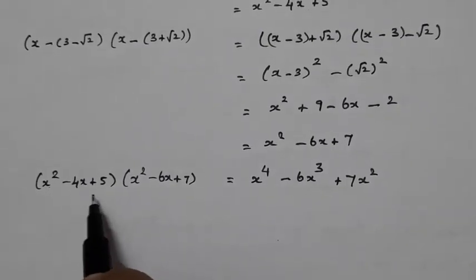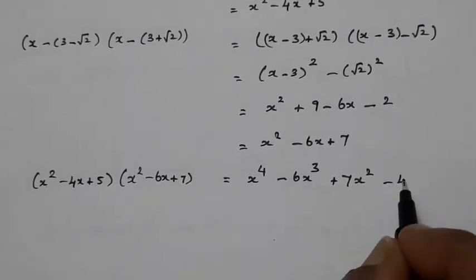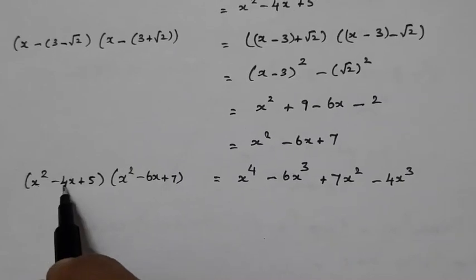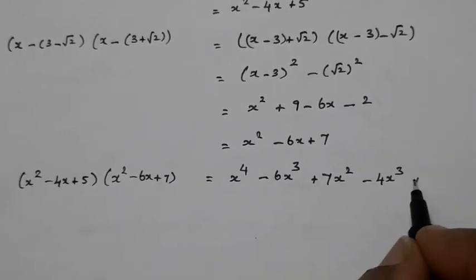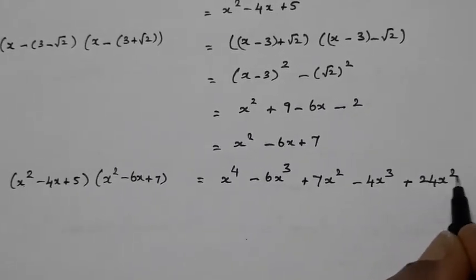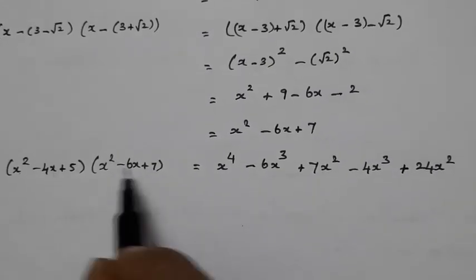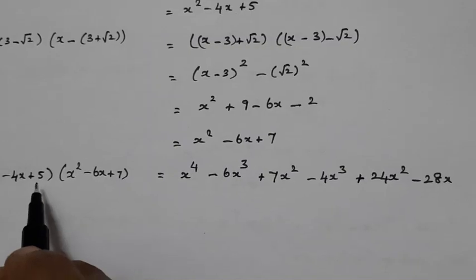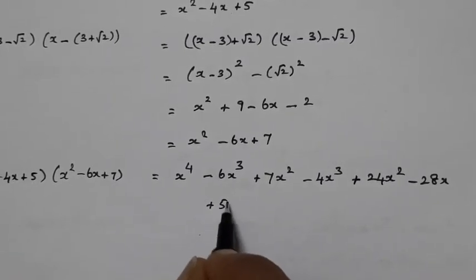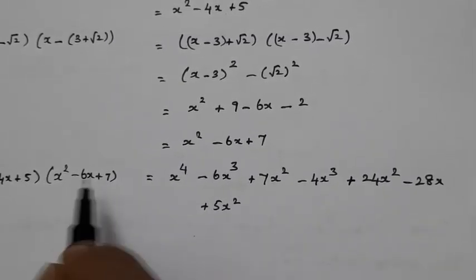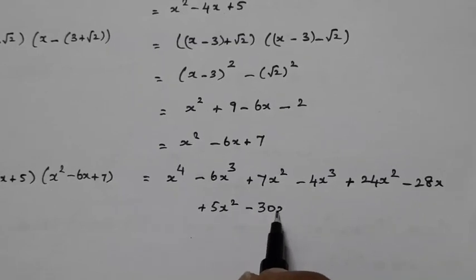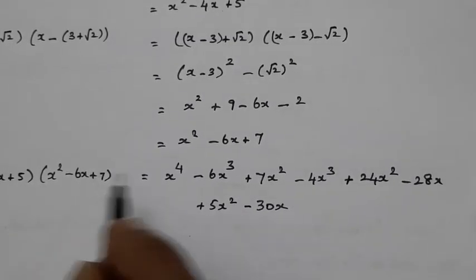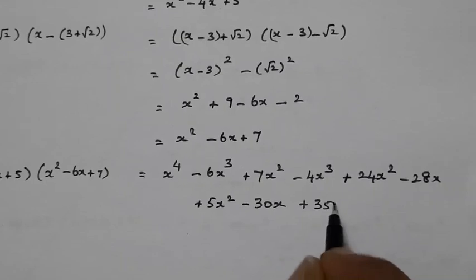Then minus 4x with x squared is minus 4x cube, then minus 4x into minus 6x is plus 24x squared, then minus 4x into 7 is minus 28x, then 5 into x squared is plus 5x squared, 5 into minus 6x is minus 30x, then 5 into 7 is plus 35.